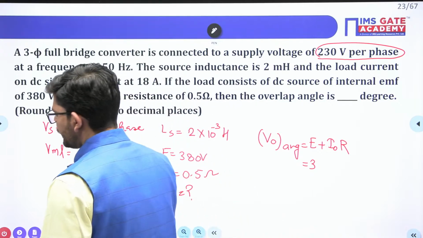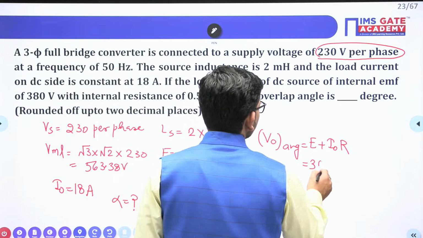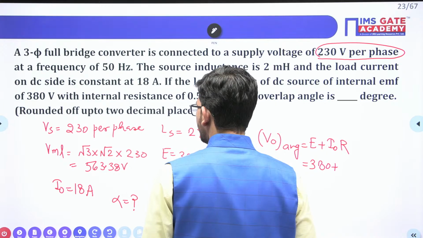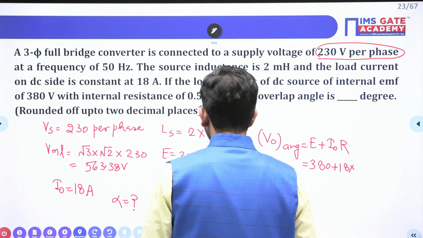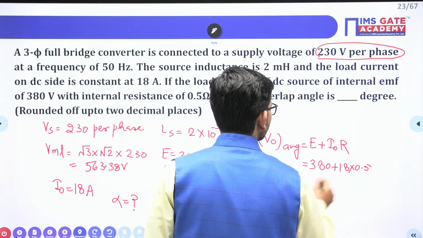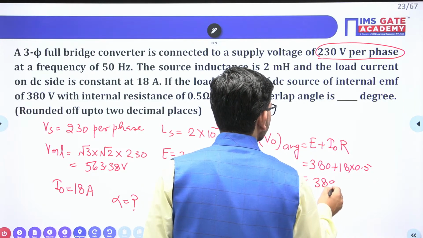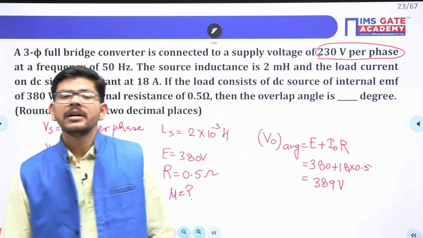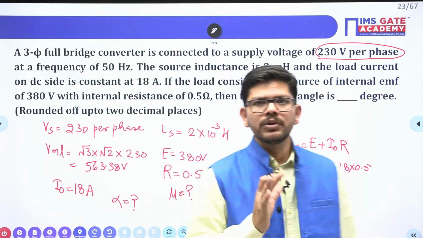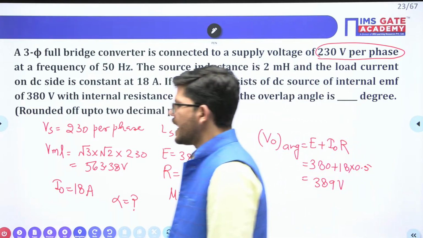What is the value of E that we have? The E value is 380 plus I naught is given 18 and the resistance is 0.5. So this will come out to be 389 volt. So V naught average will be 389 volts. So we have calculated V naught average.